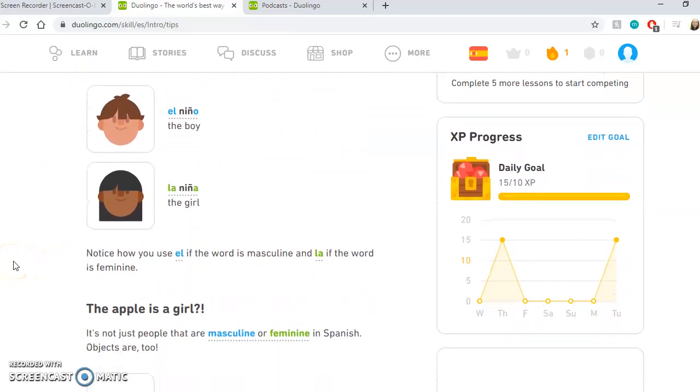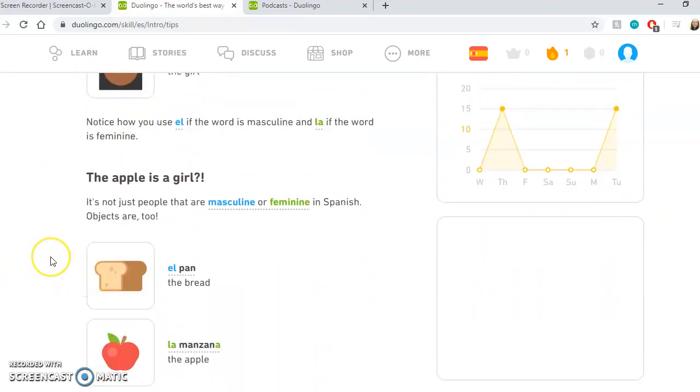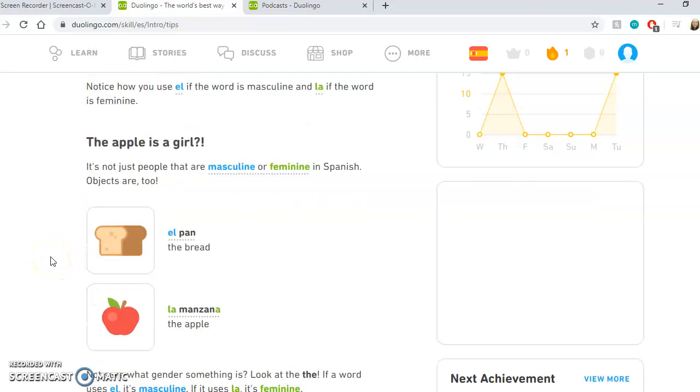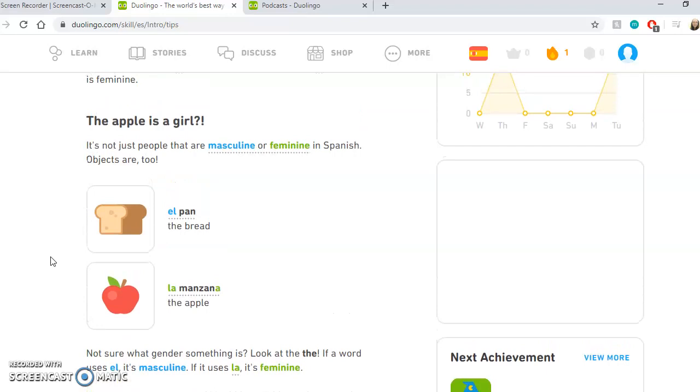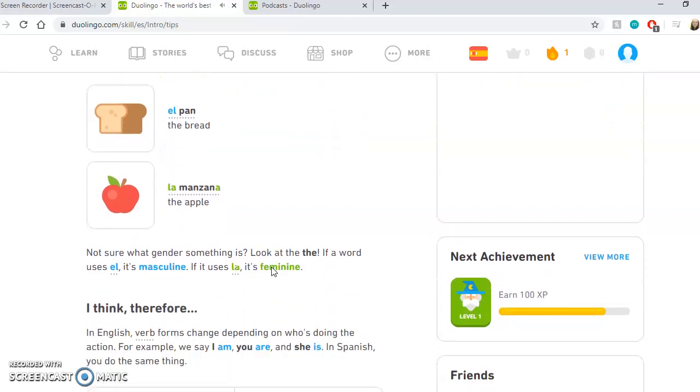It is also going to go over the fact that not everything that you might think will be feminine or masculine, such as el pan, the bread, is actually masculine, and la manzana is feminine.